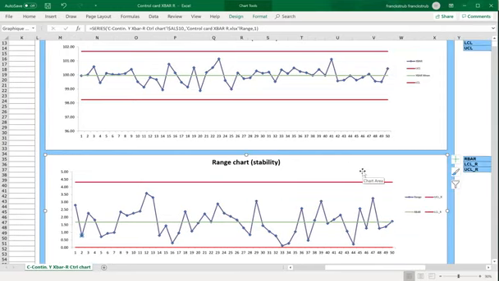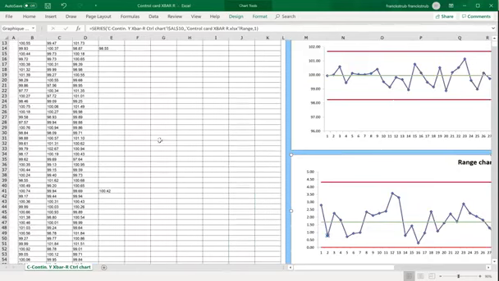And if one point is above the control limit, we will say you are not stable. This is why we use these 2 charts in the control phase of the DMAIC project, to control your process and to understand if you are within control and stable. Here, we don't speak of process capability, of course. Thank you.